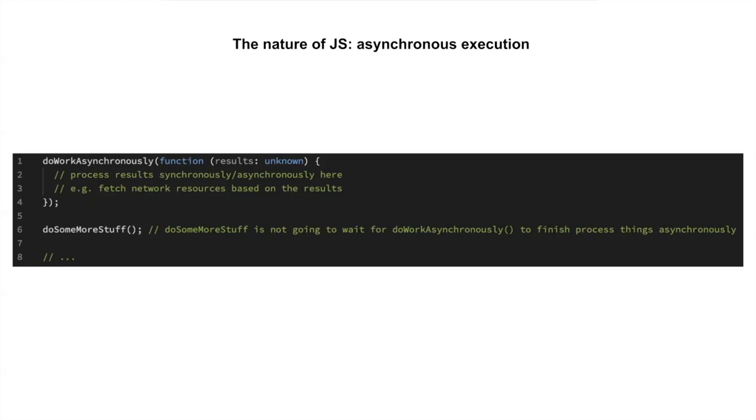It is very hard to wrap your head around that, because when you see this, you expect that the do work asynchronously should finish before you do some other stuff. But actually what happens, some other stuff will be done first and your asynchronous stuff will be done later. So it's counterintuitive, because on the script, it's vice versa.